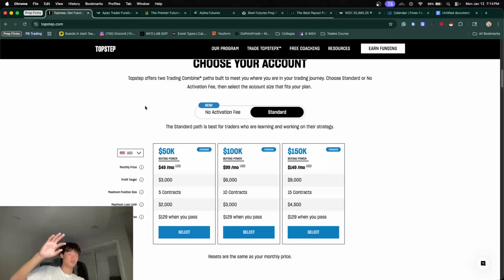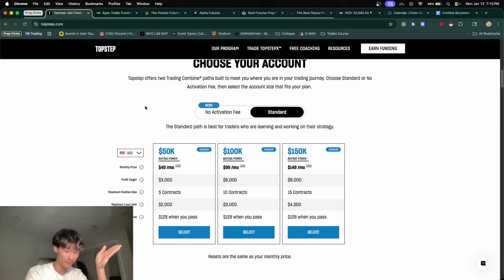The drawdown is how your loss limit moves. The drawdown on Top Step updates every single time the market closes, so it's a daily thing. Whatever you end at the end of the day is what happens to the drawdown.